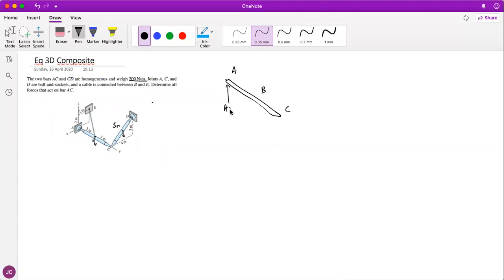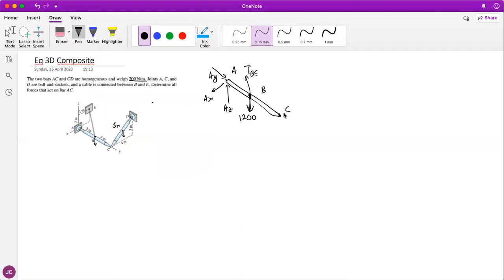So this thing is AC. This over here is AX, and this over there is AY. Those are your three unknowns. Here you have something that you don't know, which is TBE, the cable, but you have something that you already know, that's 1200, which is 6 meters times 200. Therefore, you put it right in the middle because that's the center of gravity of the bar, 1200.